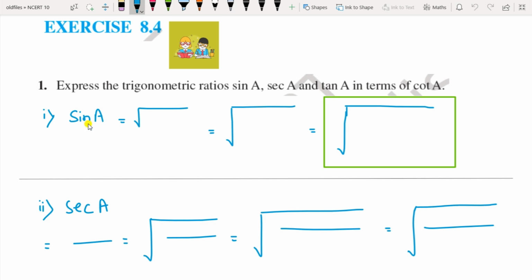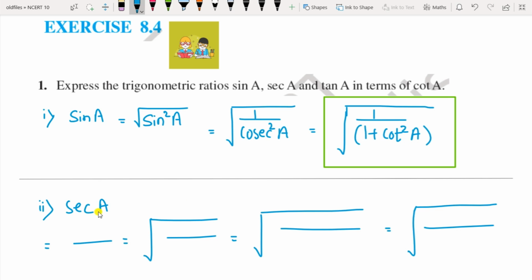Sin A is given, so take the square and under root, square root of sin square A. Now inverse of sin is cosec, so it will be 1 upon cosec square A. Cosec square A means 1 plus cot square A, so it is 1 upon under root of 1 plus cot square A. So you have changed the sin A in terms of cot A. This is the conversion of sin to cot.